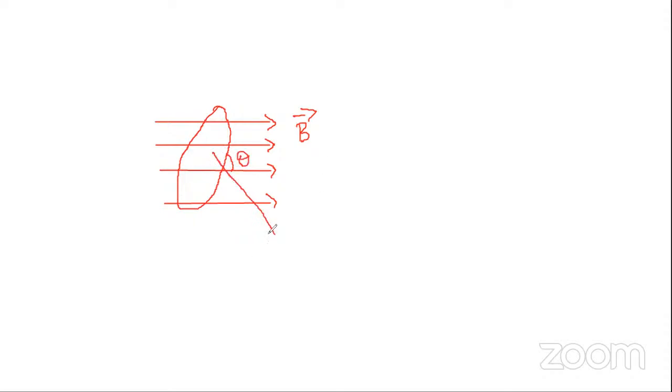Before that, let me differentiate this area by a different color, so that we can understand it better. So this is the area, inclined at an angle theta. The area vector is represented by vector A. So this magnetic field is passing through this area.